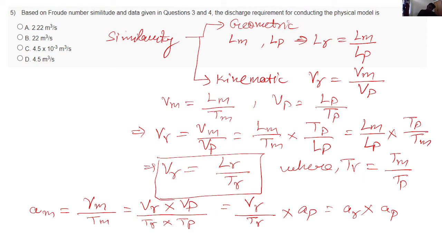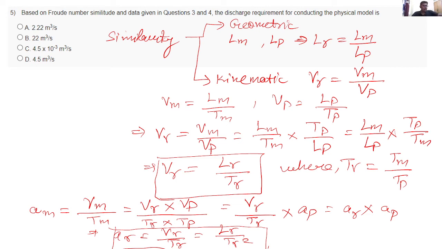So from this we get that Ar is equal to Vr by Tr. Since Vr is Lr by Tr, it is Lr by Tr square. So this is the expression we'll be using mostly for the acceleration scale ratio.